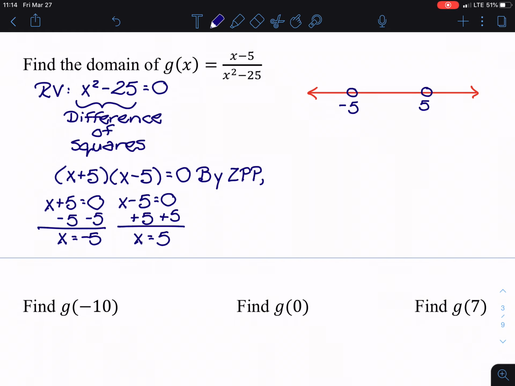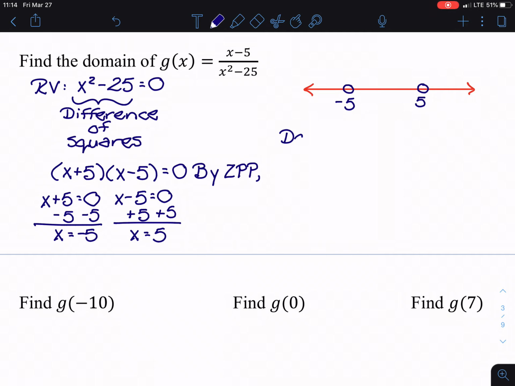So writing my domain in interval notation, remember I'm going to start from my far left side and then keep going until I hit a circle. So I start out as far left as I can go, negative infinity, and I keep going until I hit negative 5. Negative 5 is an open circle. It's not part of my domain, so I use the soft parentheses there.